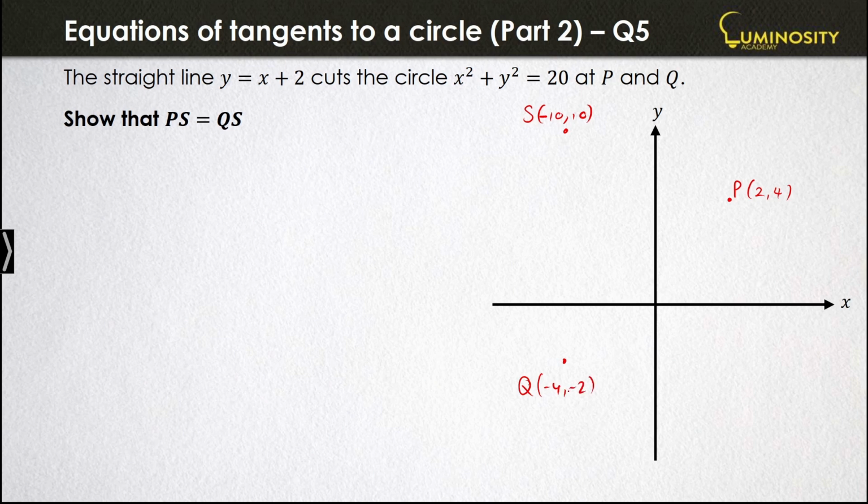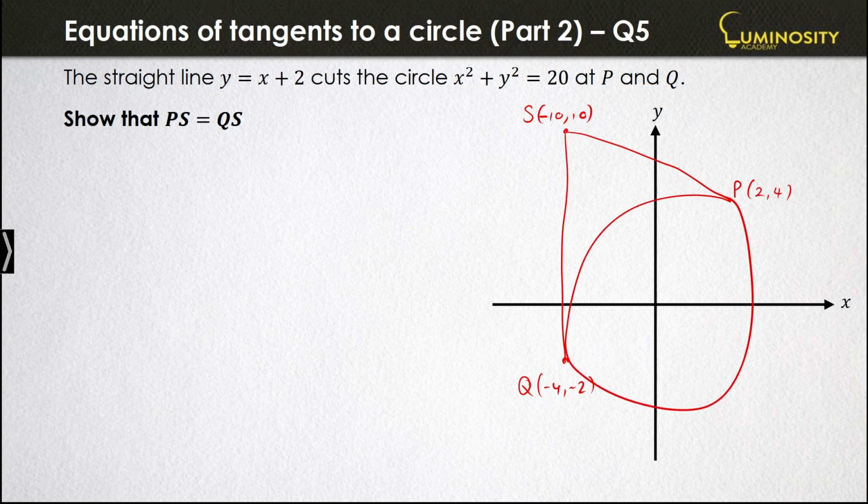Again, there are two ways we can show it. The first way is the geometrical interpretation. Remember that these two lines are tangent lines to the circle. What do we know about a common point outside that connects two tangent lines to a circle? They should be equal in length by the tangent theorem.